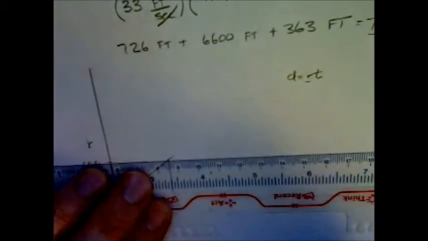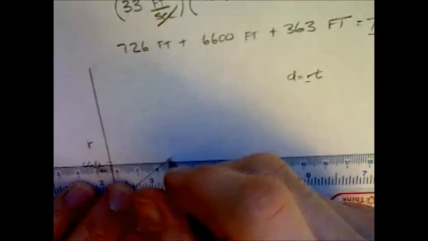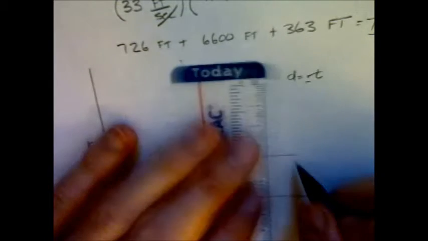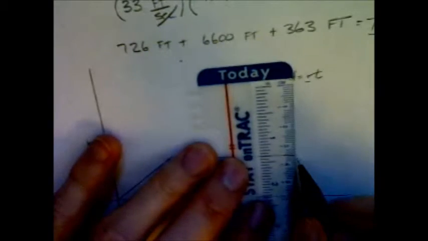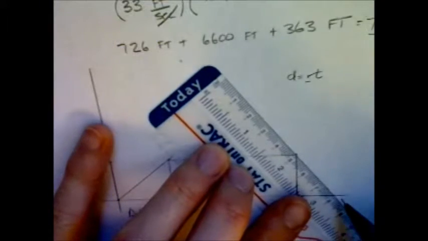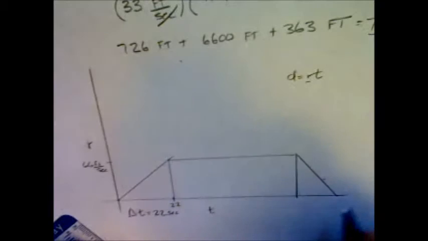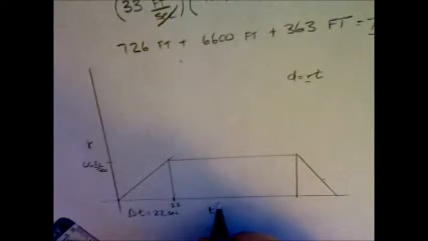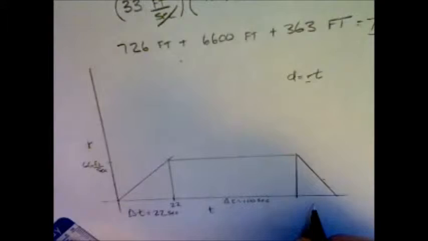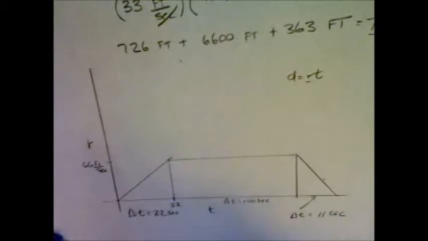I'm going to hold steady for 100 seconds. And then I'm going to decelerate down to 0 again. Okay. Delta t equals 11 seconds. And so we see 22 seconds, 100 seconds, 11 seconds, okay? 66 feet per second.